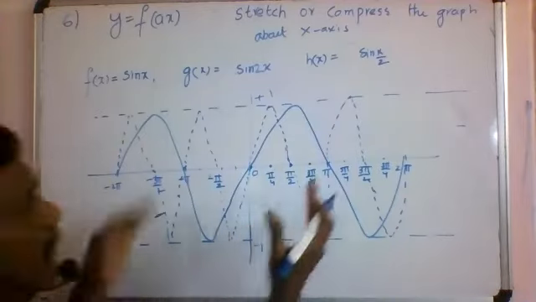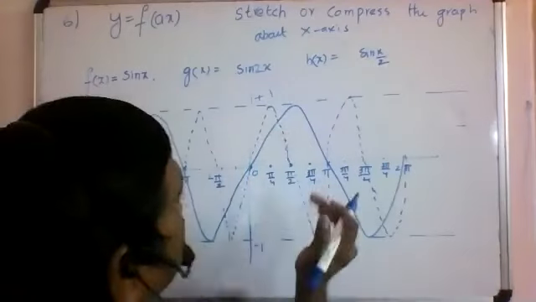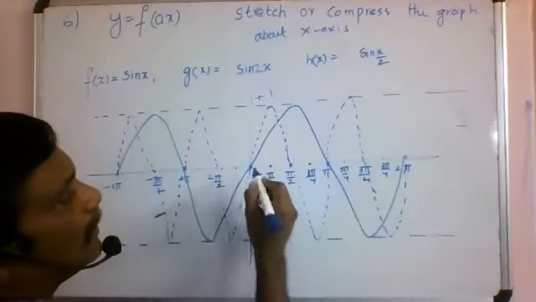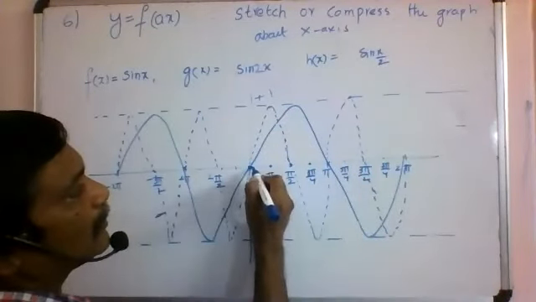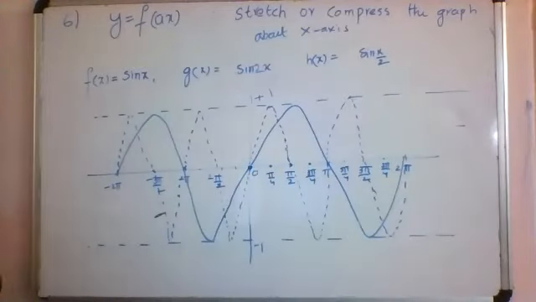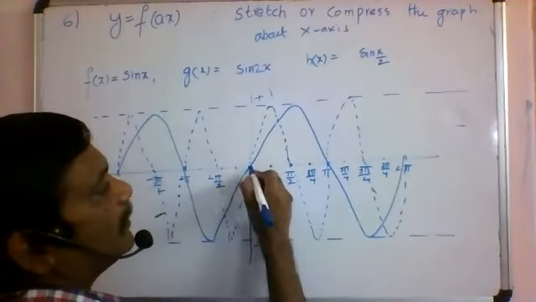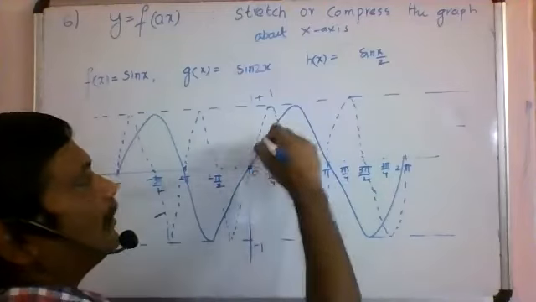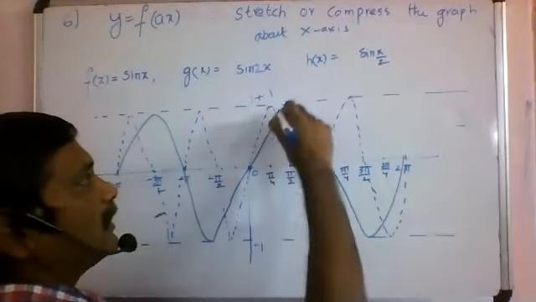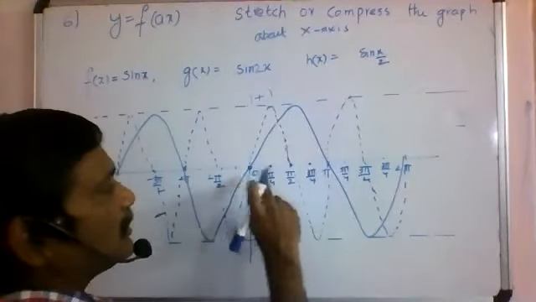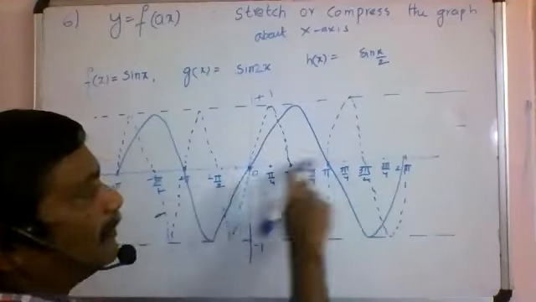It came like this, like this. And what is the amplitude? Amplitude means height, right? From here to here, for one curve like this, one curve like this. What is the distance you observe from here to here? 0 to pi, no?